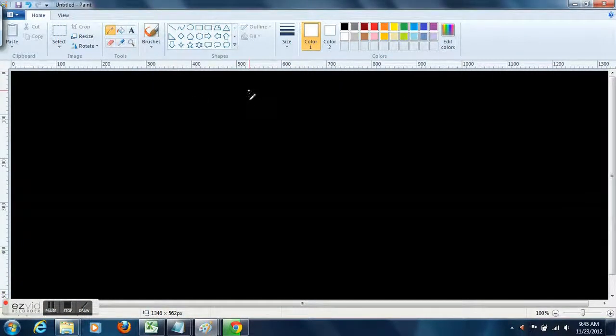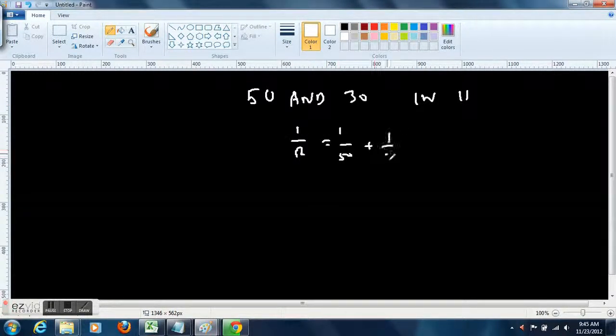So 20, 10 and 20 in series is equivalent to 50, and there is another 30 ohm in parallel. So what is the equivalent of 50 and 30 when they are in parallel? That means 1 by R equals 1 upon 50 plus 1 upon 30, which is equal to 8 upon 150.